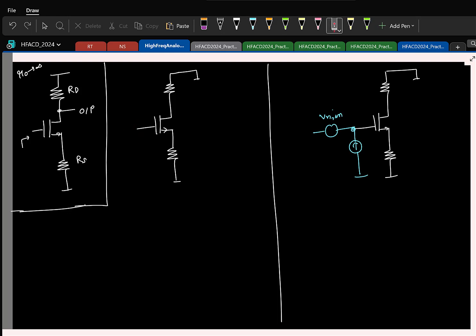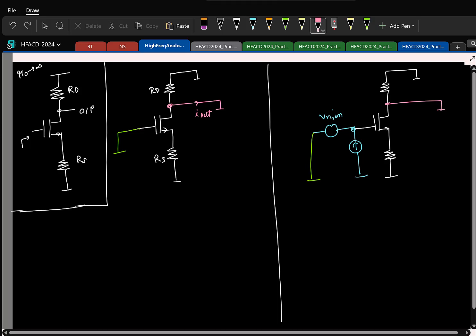To find the voltage noise, I'll short the input. So again, I'll try to find the current. Can you find out and tell me the noise contribution due to RD and RS? You'll have contribution due to 3 guys: RD, RS, and the transistor. So please find out and tell me what is I out due to the resistors alone.